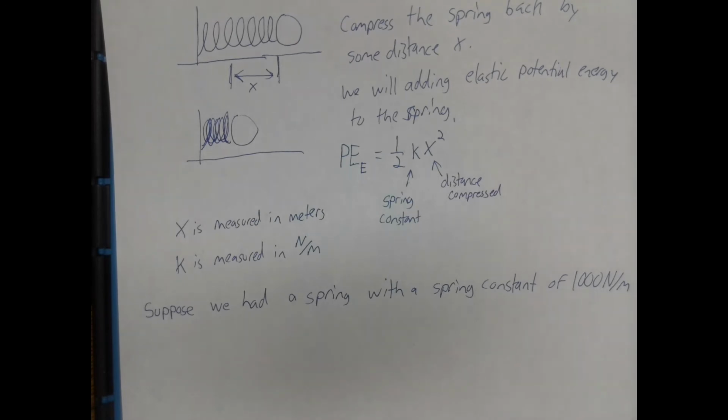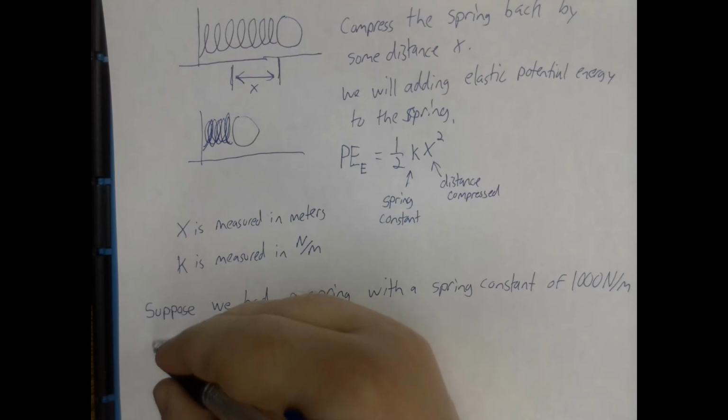How often do you compress a spring by a meter? You usually compress it by centimeters. If you have a spring that can be compressed by a meter, that's very powerful. That's probably like the springs on an airplane when they land.